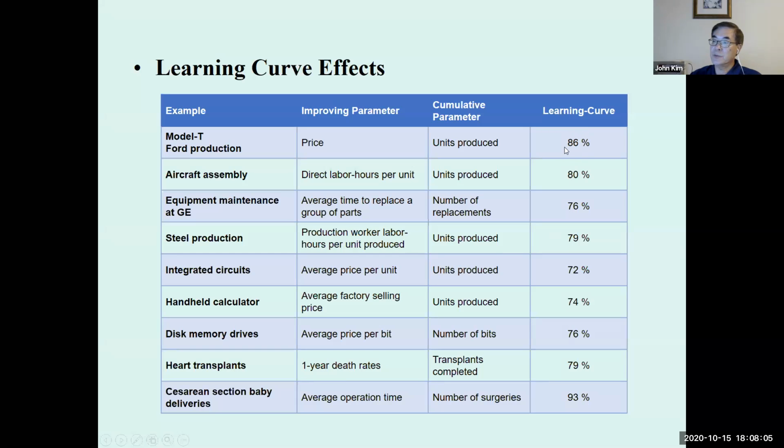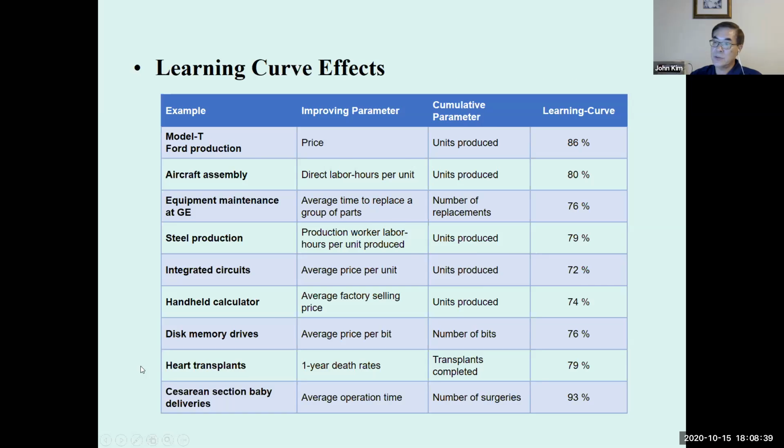This learning percentage I will talk about in a moment. And then aircraft unit production time, 80% learning percentage. And then GE equipment maintenance, number of replacements is like time, so 76%, and so on.